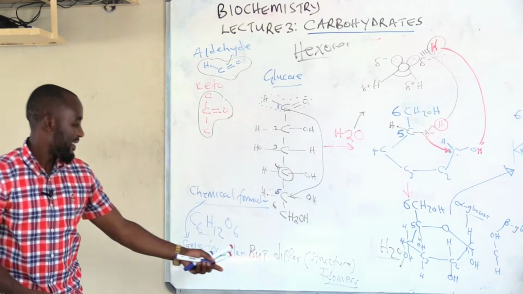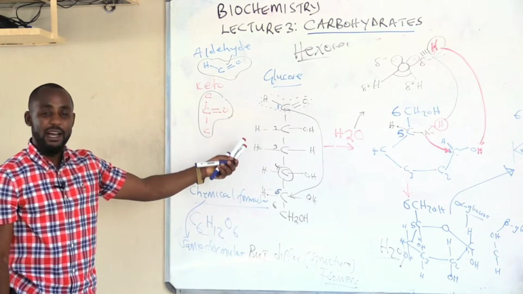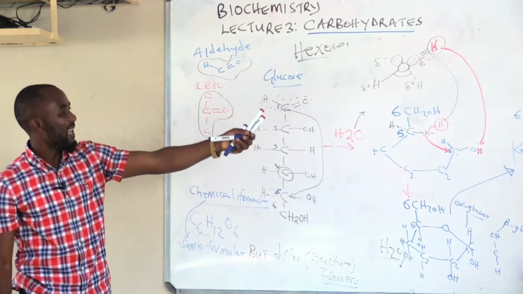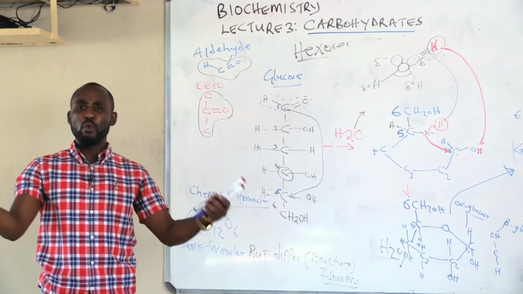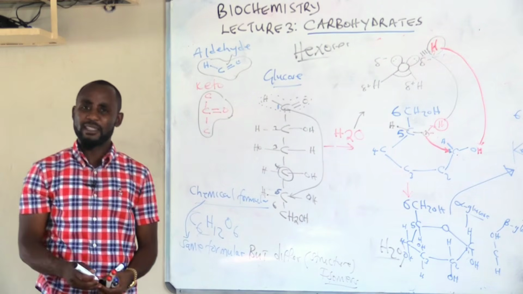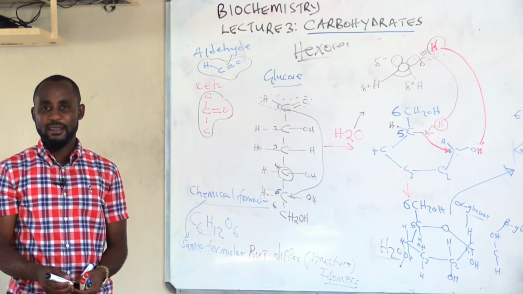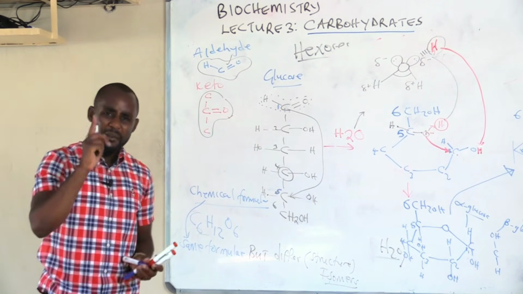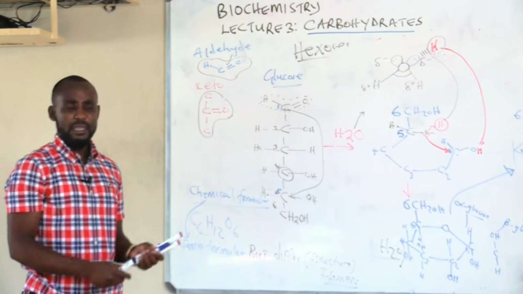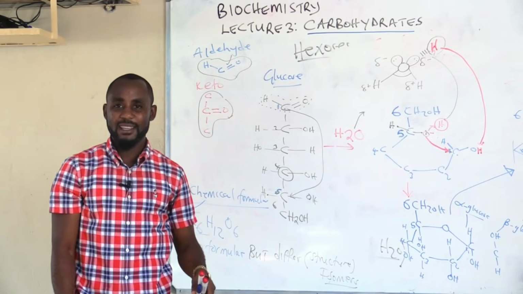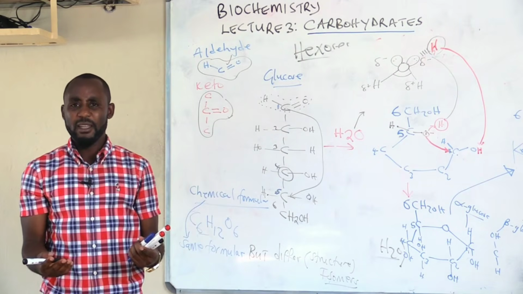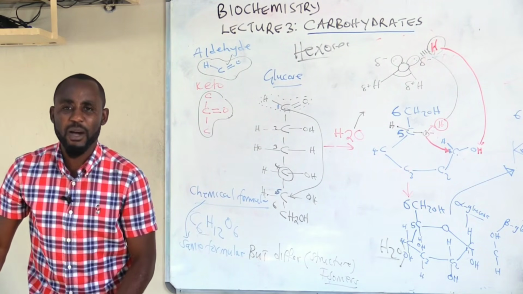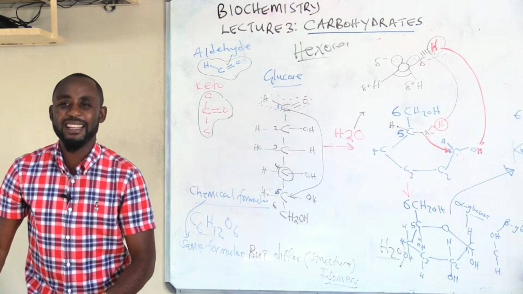So isomers are sugars with the same chemical formula like glucose, galactose, and fructose, but when you look at their structural configuration, they are totally different. That's what we call isomers. Having understood the structures of the 3 sugars, we are now ready to proceed to the next group of carbohydrates, which is disaccharides.